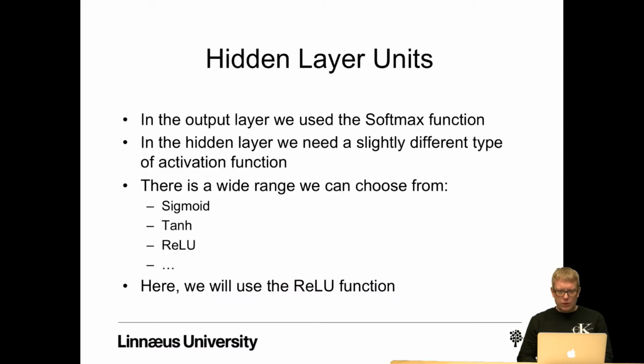And in the output layer we used the softmax function, and in the hidden layer we need a slightly different type of activation function. And there is a wide range we can choose from. The quite old and common one is sigmoid. You can also use one called tanh, but the most common one today, and the one we will use in our example, is the ReLU function.